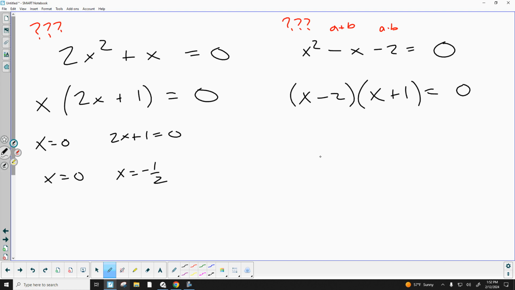And then you solve using the zero product property, the answers for x that will make the left side equal to 0. We do not divide by x's because we would remove potential solutions, like x equals 0 could be a solution. If I divide by x here, a lot of people do this.